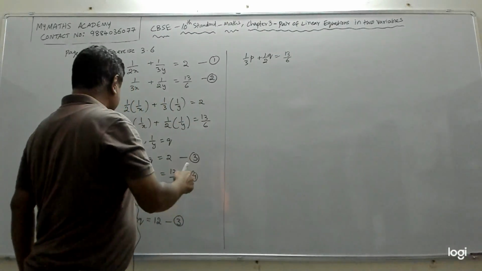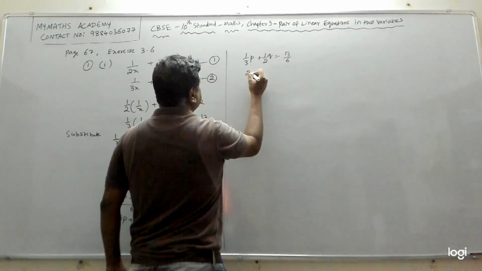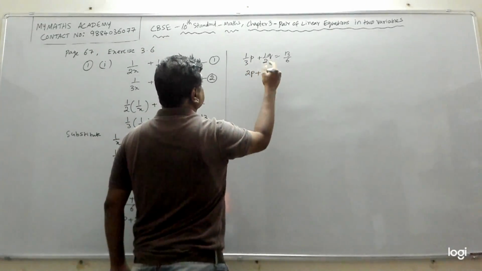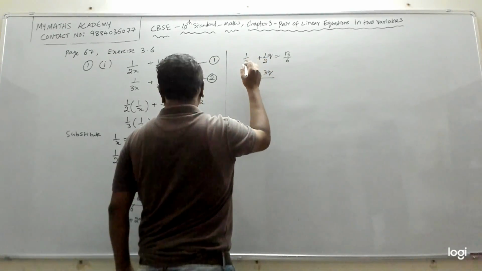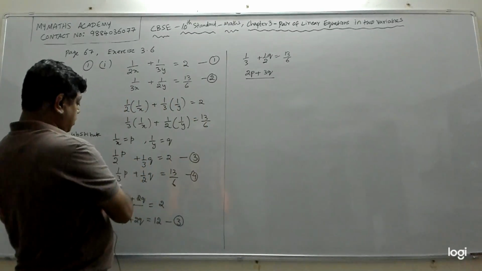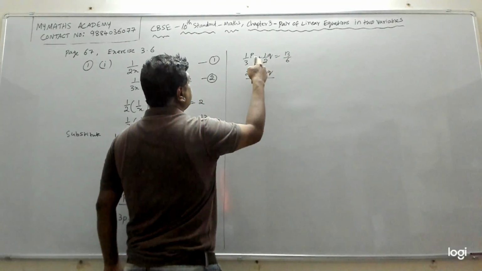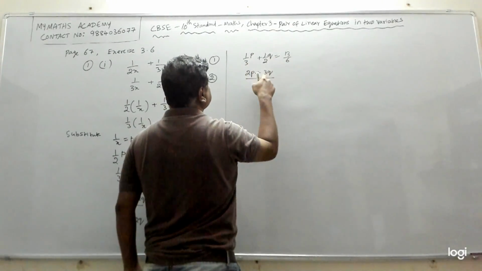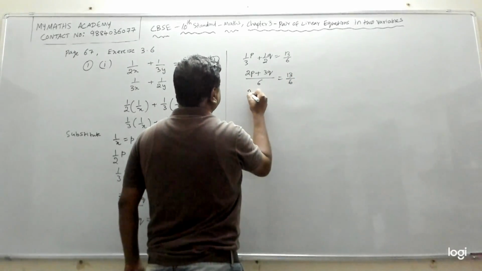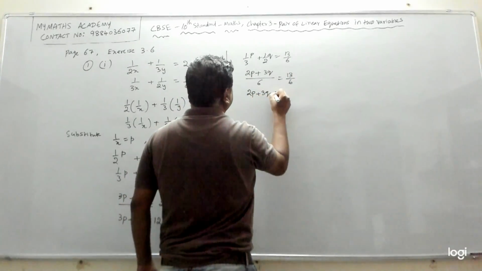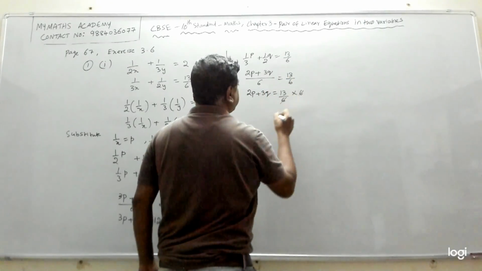Again, let's do the addition. 2 into p is 2p, plus 3 into q is 3q, by 2 into 3 is 6, equal to 13 by 6. See, 1 by 3p means p by 3. So you'll get 2p plus 3q by 6 equal to 13 by 6. This 6 will go up, it will become into 6. Now they will get cancelled.